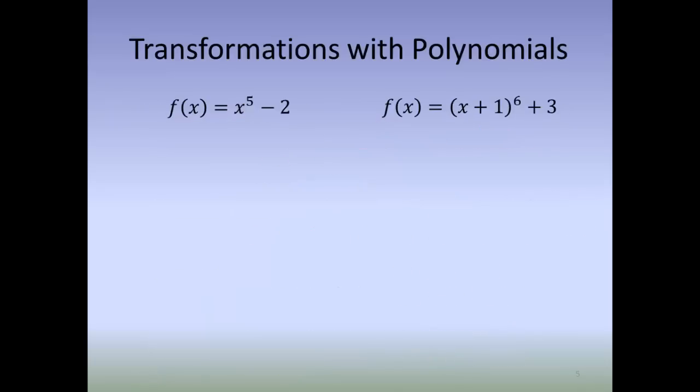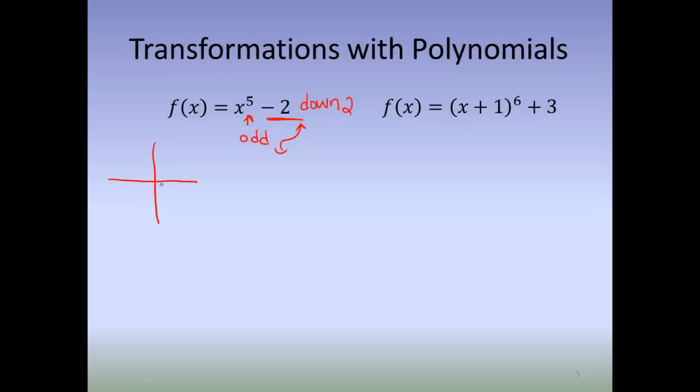Let's practice with these two here. First one is x to the 5th minus 2, and the first thing I'm going to notice about this is that it is going to be odd, so the shape is going to be that S-curve shape. The other thing I'm noticing is the minus 2 on the outside. That tells me my graph is going to go down 2.